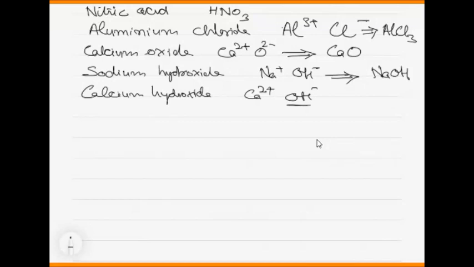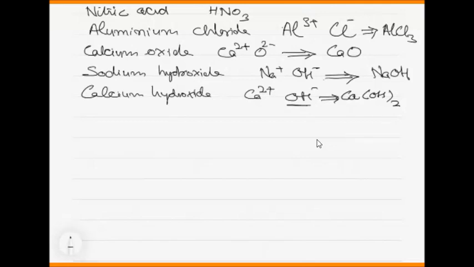So for doing this, one valency comes here, one valency comes here. Now OH we will put in brackets so that this 2 is applicable both for O as well as H. If you write CaOH2, then it is only for H, which is wrong. So the correct one is Ca(OH)2.